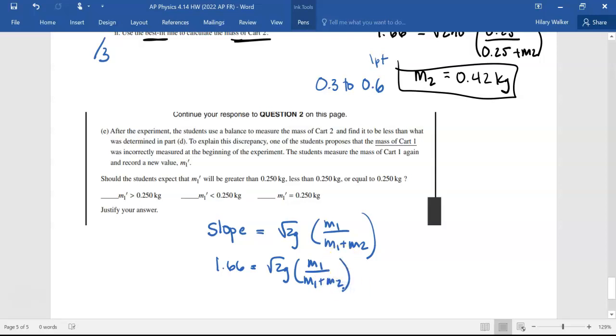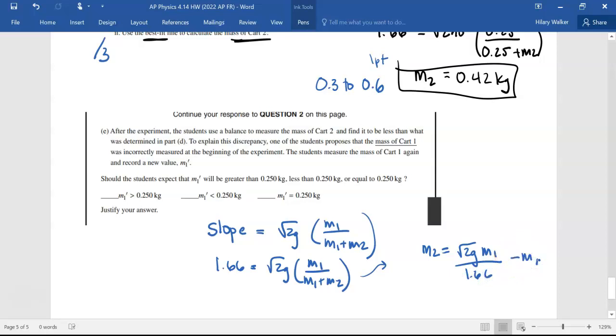I'm going to go ahead and manipulate that to solve for m2. So if you do some math on this, you'd get m2 equals square root of 2g m1 divided by our slope, which I got 1.66, take away m1.